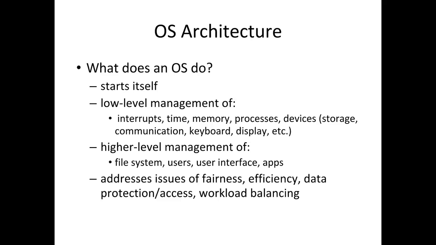Manage time, I tend to call that being a soft interrupt. It will manage the memory associated with the computer system. It will manage any of the processes that are started, and it will manage all of the devices that are connected to the computer.